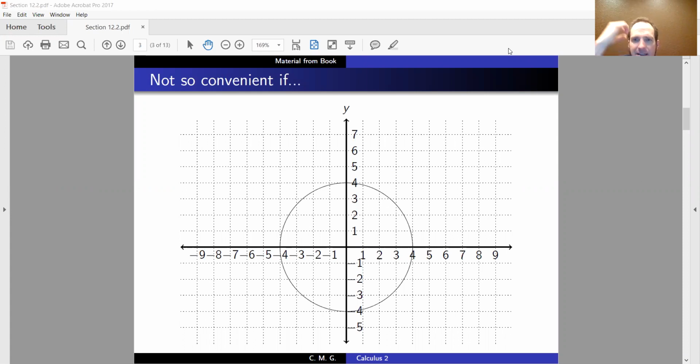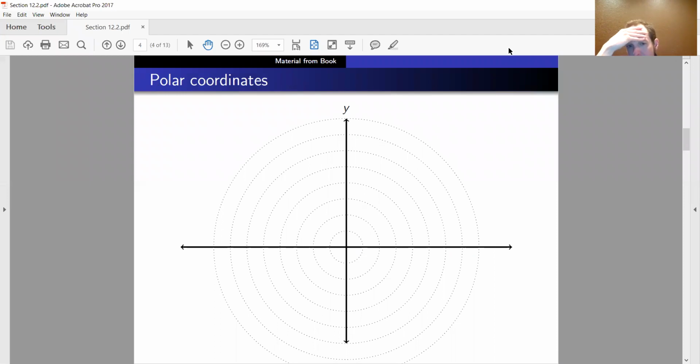So I'm going to divide this plane into a bunch of concentric circles, meaning all having the same center. Each of these concentric circles is centered at (0, 0). And the way I can describe which concentric circle I'm on is exactly the radius of the circle I'm looking at. The nice thing about this is that a circle will be described by a constant. So radius 4 describes exactly the circle of radius 4.